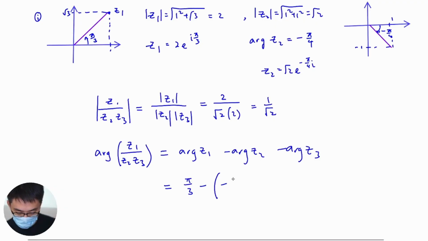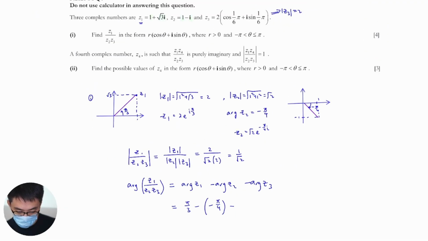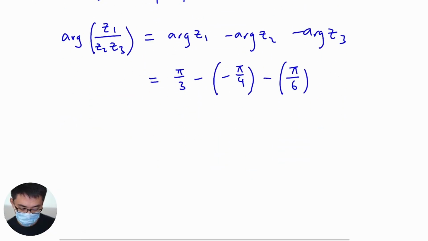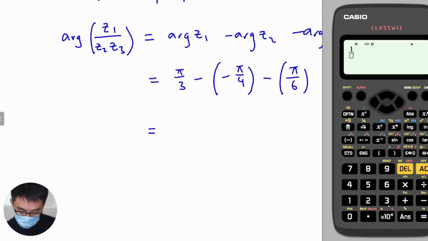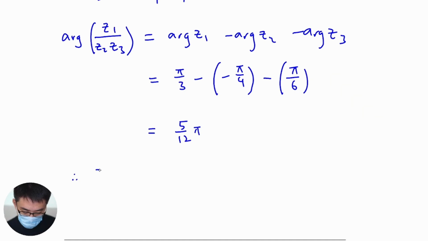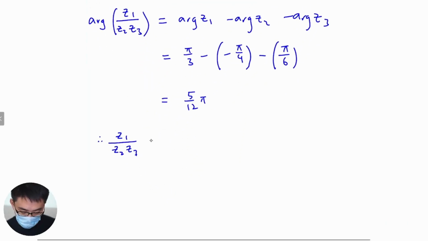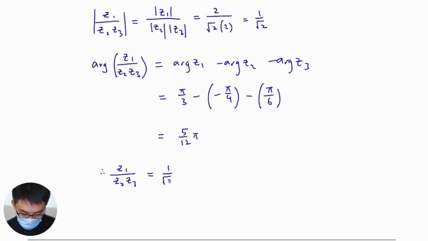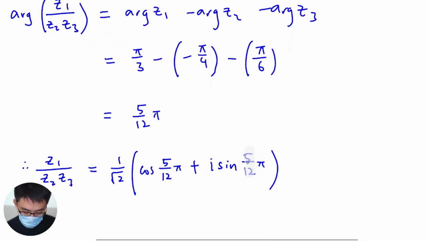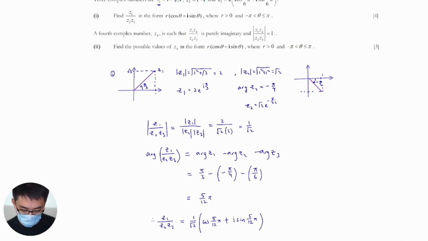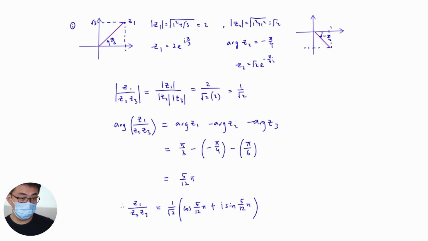Z2 will be Z3. R is the modulus. Modulus is R.